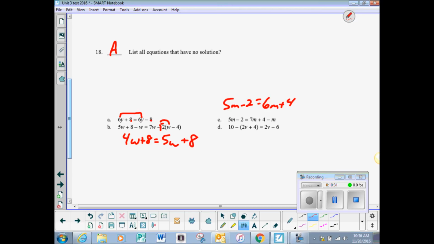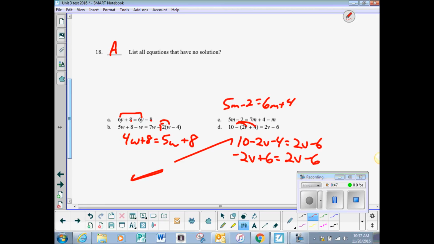That's going to have one solution. This one, when I distribute the negative, I get negative 2v plus 6 equals 2v minus 6. That's still going to have one solution. So the only one with no solution was A.